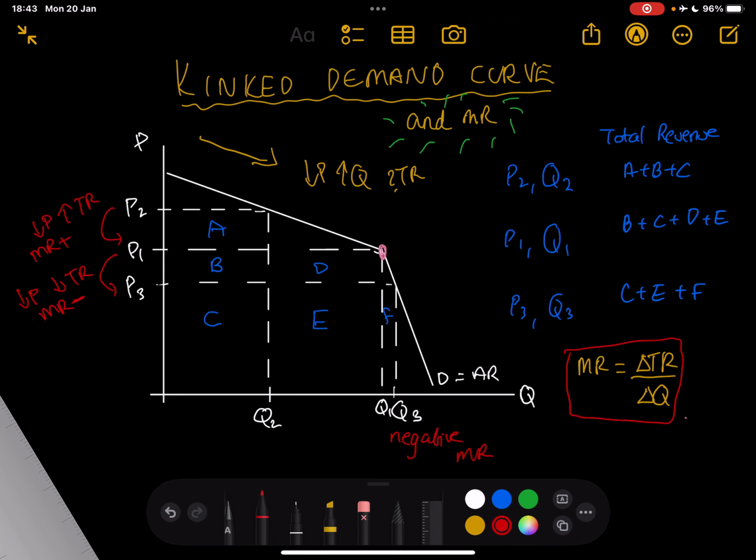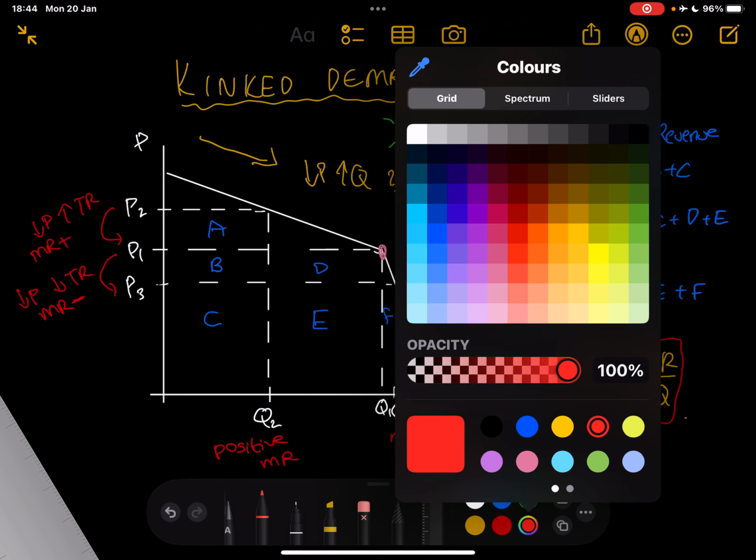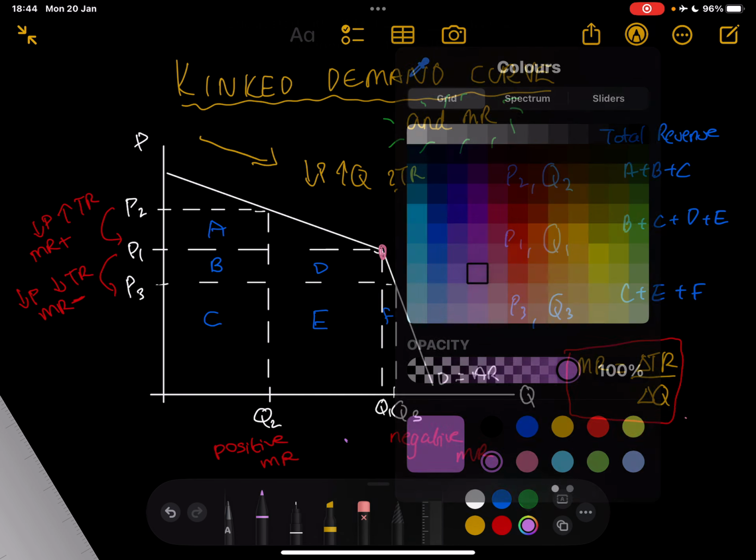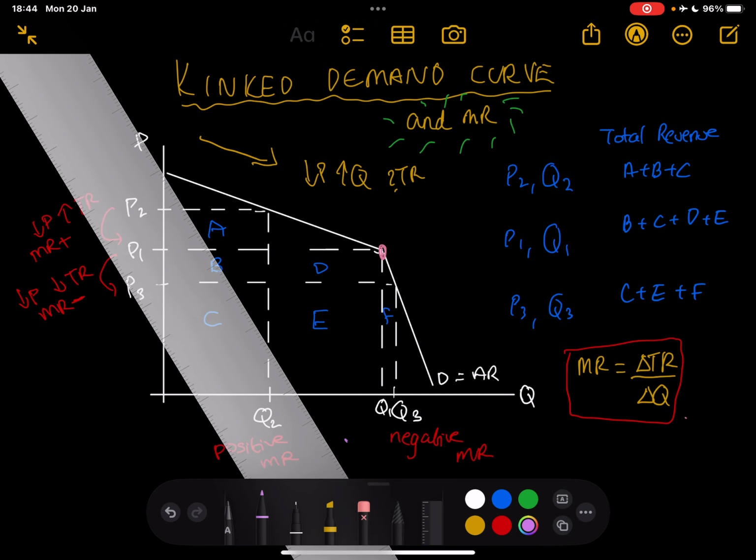And then before Q1, it was a positive MR because the closer we dropped the price towards P1, the more revenue we could make. So MR before Q1 would be a positive MR. The other simple rule you could use is your MR is always twice as steep.